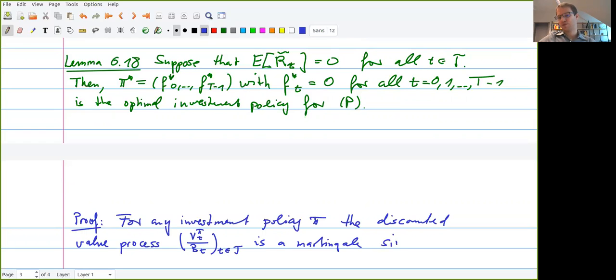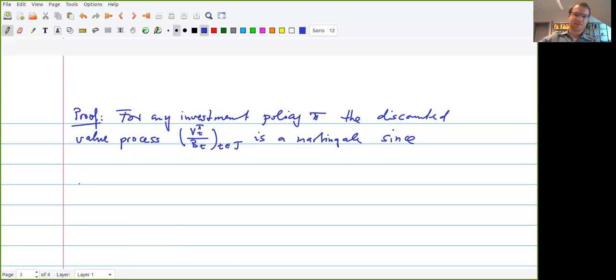Okay, now I have to prove it because we do a proof here and not only a verbal explanation. So how do we see this? So let me look at the discounted value process at time t plus 1 and condition it on the filtration at time t, and now I want to show that this is the discounted value process at time t. This is what I have to show if I want that this is a martingale.